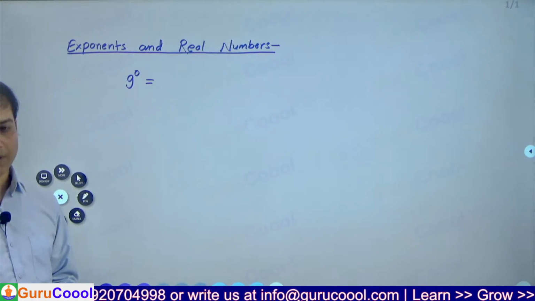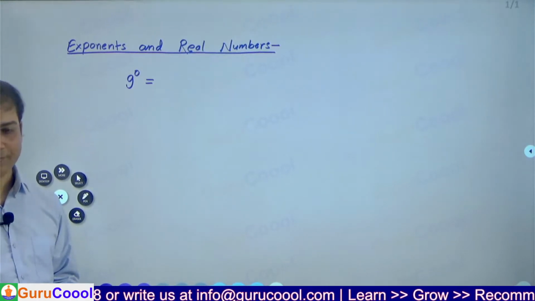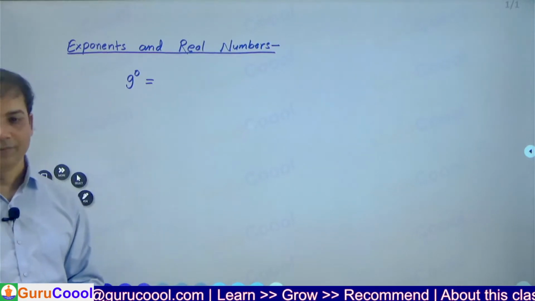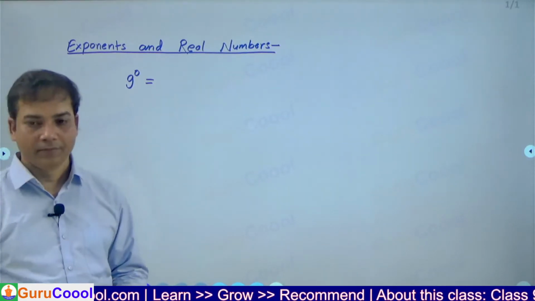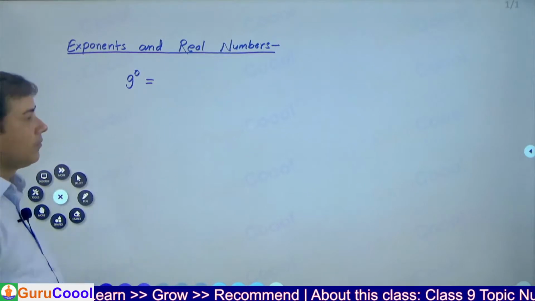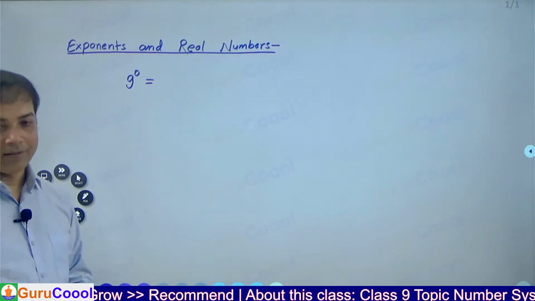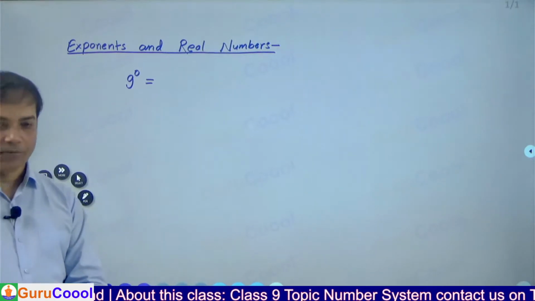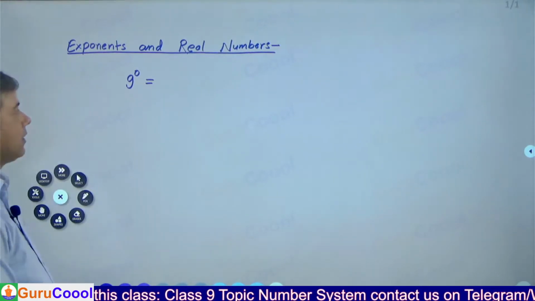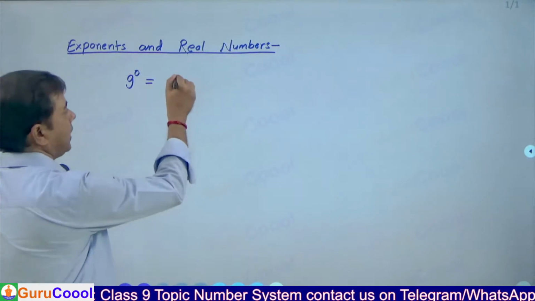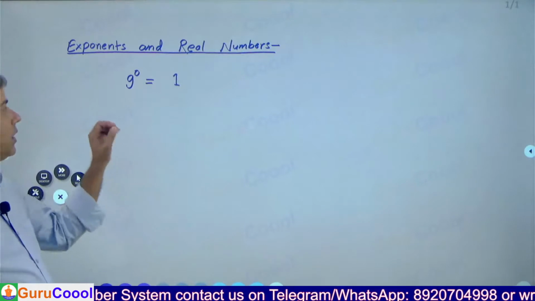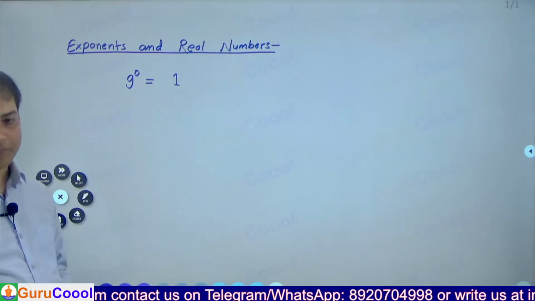Okay, both of you said 1. Yes, 1 is the correct answer, but do you know why 0 in the power gives the value 1?